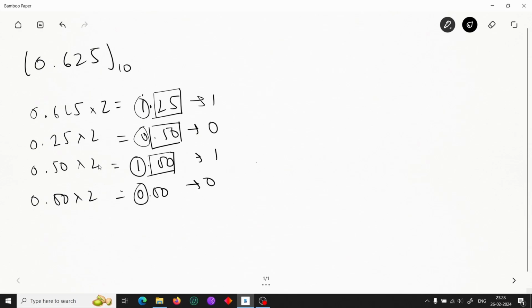Now we continue the steps till we reach 0 or to the number of digits we want after the decimal point. And in this case the binary value is read top to bottom basically. So the binary equivalent of 0.625 is basically 0.101. Ta-da! This is the binary equivalent of it.